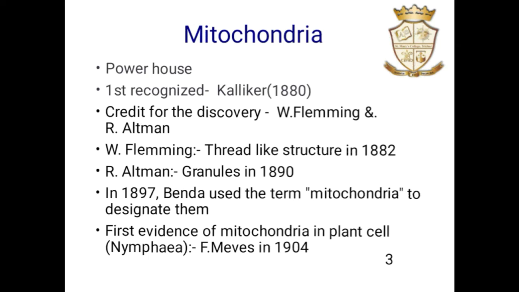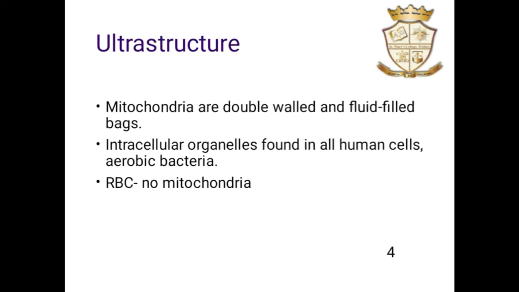Let's move to the ultrastructure. Mitochondria is double-walled. They have two walls and are filled with fluid, and it is found in human cells and aerobic bacteria. But the RBC does not contain mitochondria.